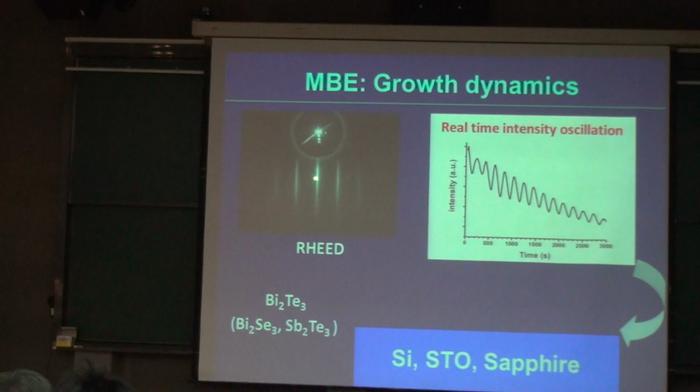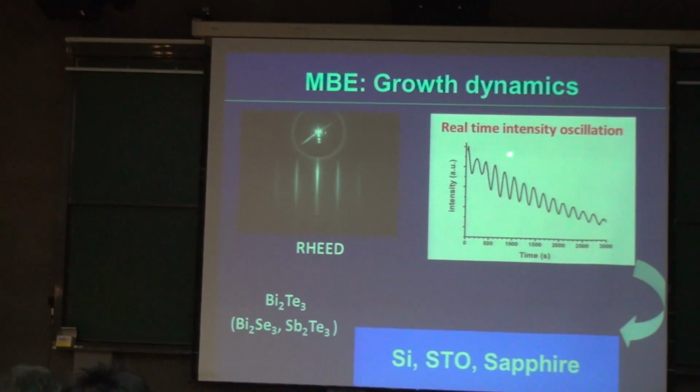So then we measure the intensity change as a function of growth time. I put here the intensity of individual diffraction spots as a function of growth time. You can see the intensity oscillation.